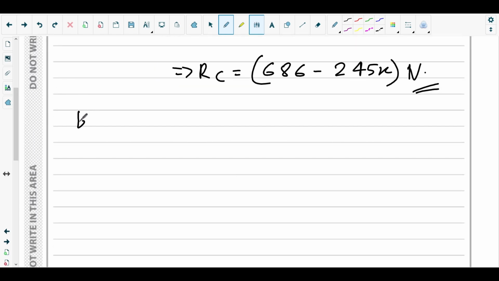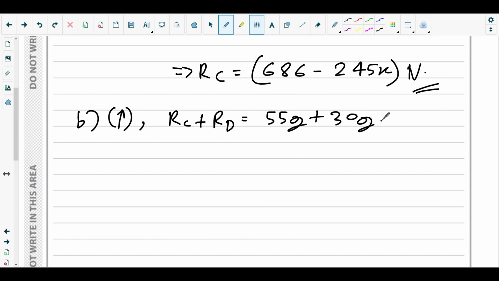For part B, we will consider the forces vertically. So reaction at C plus reaction at D is equal to how much? It is equal to 55g, the weight of the person, plus the weight of the beam, 30g.